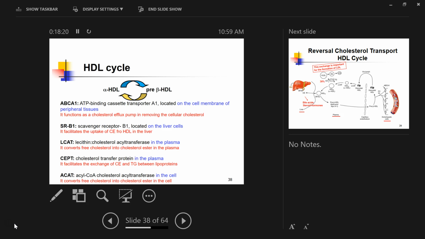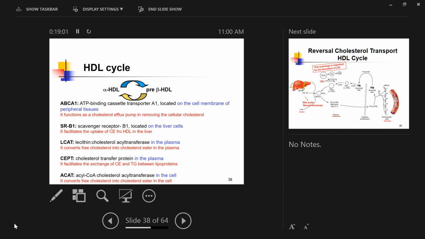So then what do you expect the levels of beta HDL or alpha HDL in the circulation to be if we don't have enough ABCA1? More beta and less alpha. So if we measure, using a technique, the beta and alpha HDL levels in the circulation, if the patient had less ABCA1, then the patient should have a higher beta HDL and lower alpha HDL.